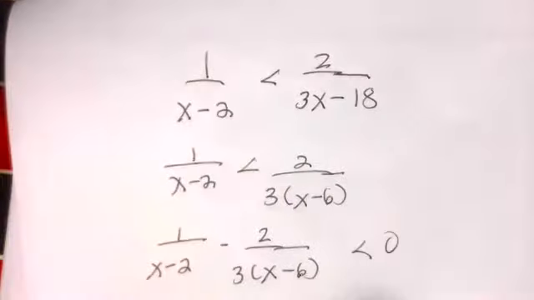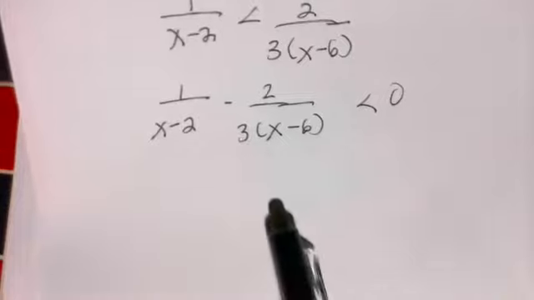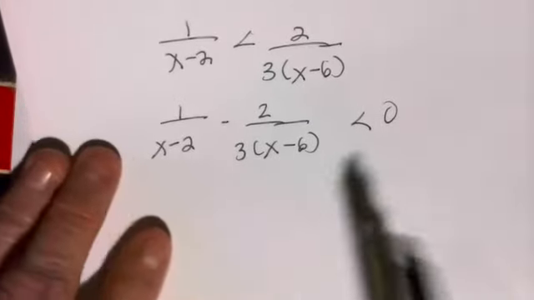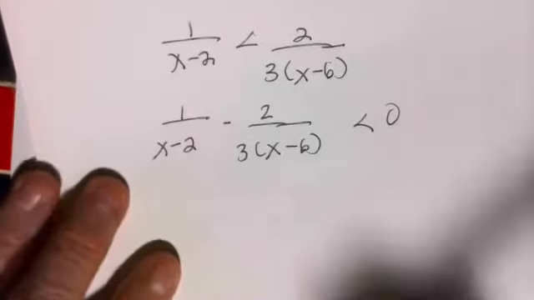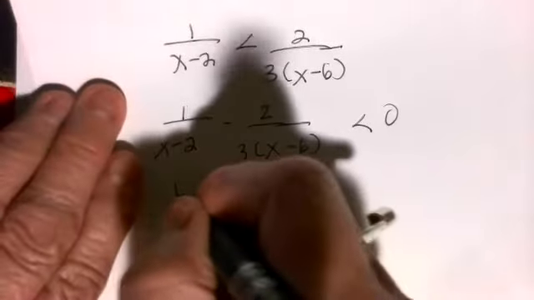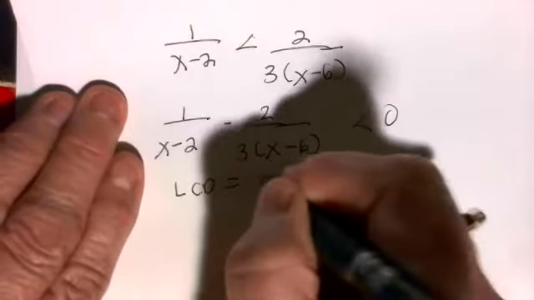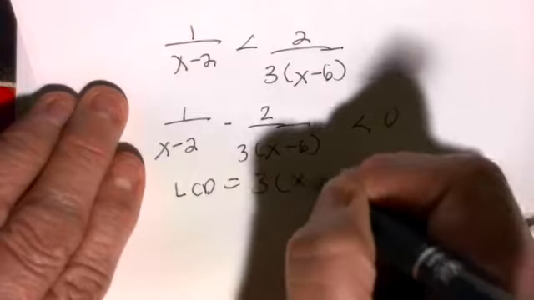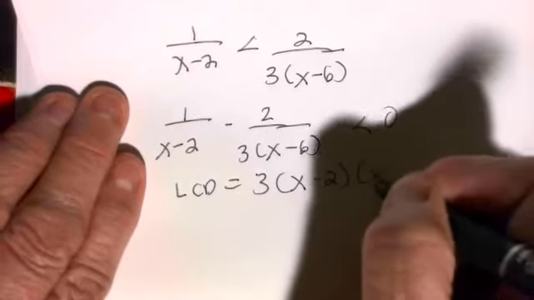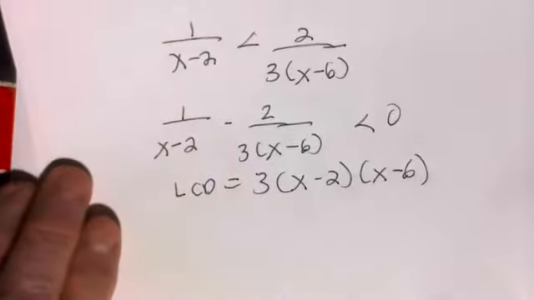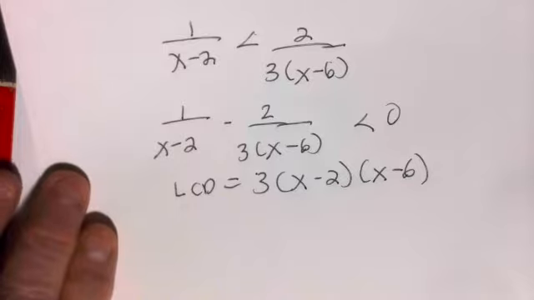You could get a common denominator here. I guess we should, shouldn't we? The LCD here is going to be 3 times (x minus 2) times (x minus 6). So we're going to do that so we can find the boundary numbers.